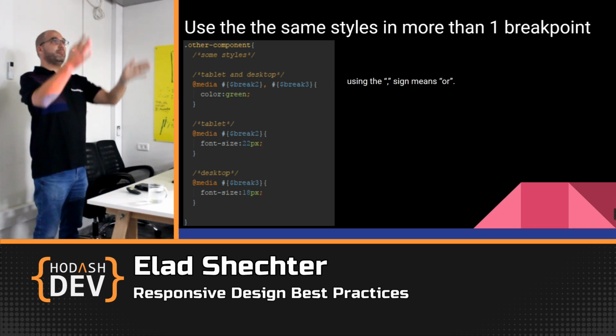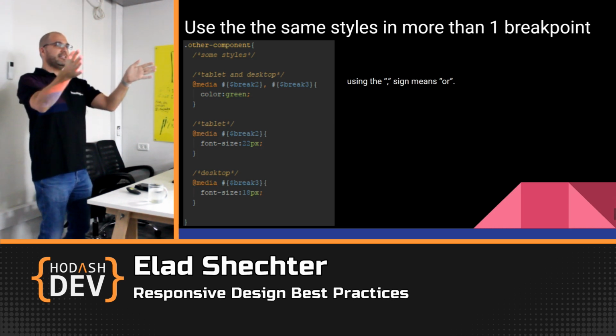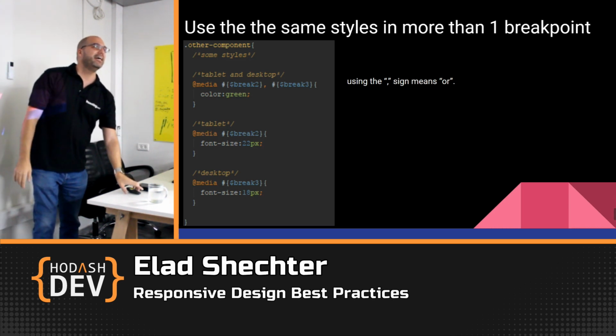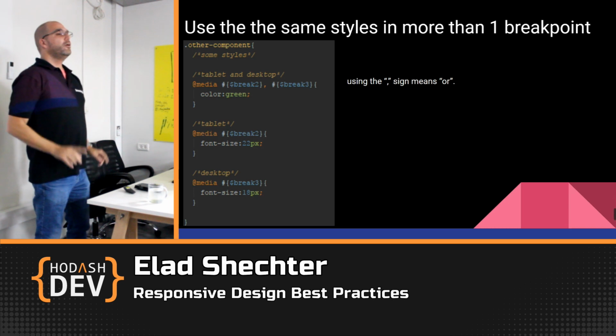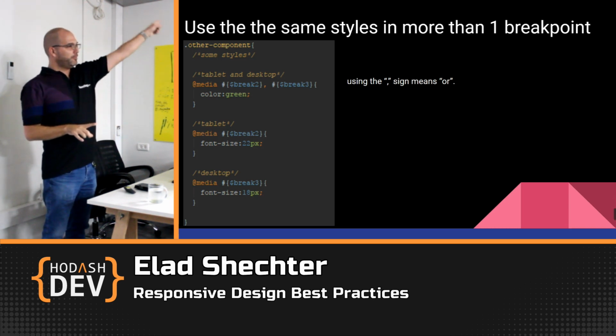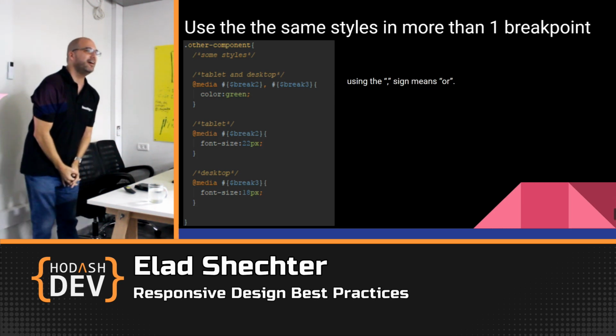It means for now the main component and the sidebar are 800 pixels, the same. And in a smaller screen, they are both becoming smaller. And now the question is, what if I want to create the same style for the mobile and the desktop, but not for the tablet? How am I doing it?